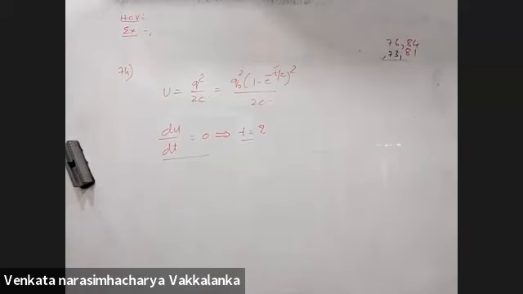So what I did was, U is equal to q square by 2c, and then I first differentiated that. So I got dU by dt is half, I mean q by c into dq by dt, and then I substituted the expressions. So when you simplify that, you'll get the time, right? I'm getting time as 0.